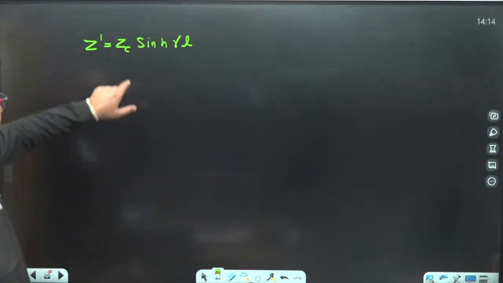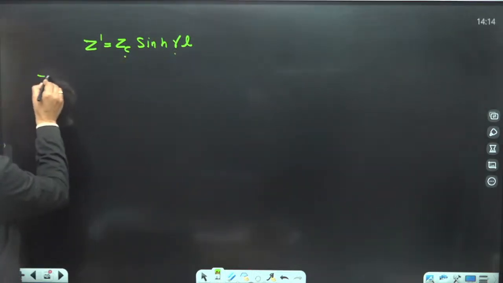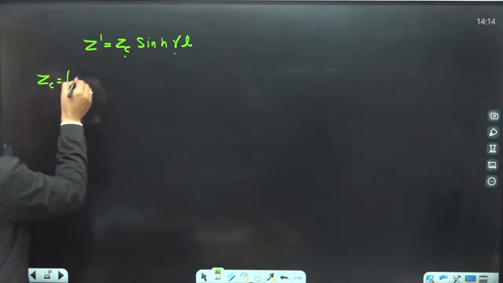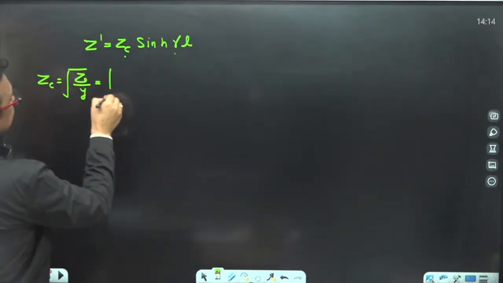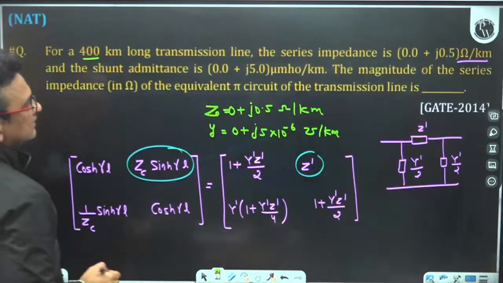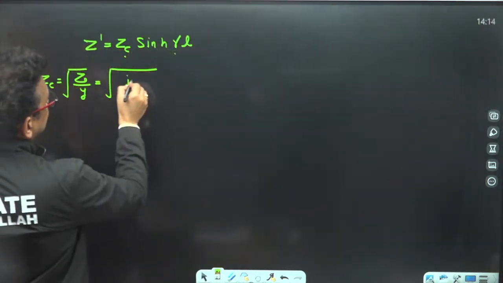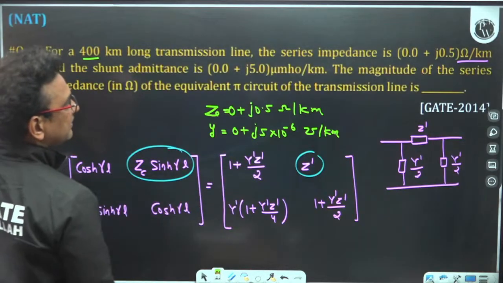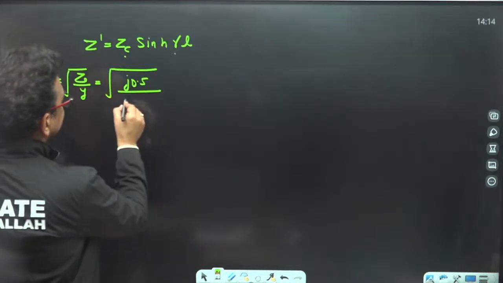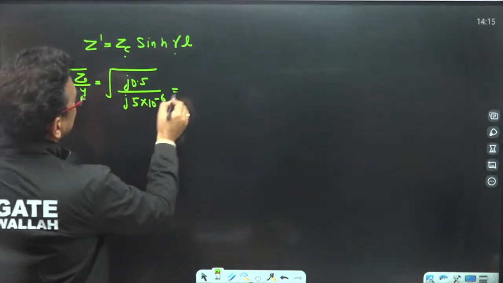So you have to find out the value of ZC as well as the value of gamma. ZC is the square root of the per length impedance upon the per length admittance. So the real term is 0, it's j 0.5 and this is j 5 into 10 raised to the power minus 6. j and j will be cancelled out.